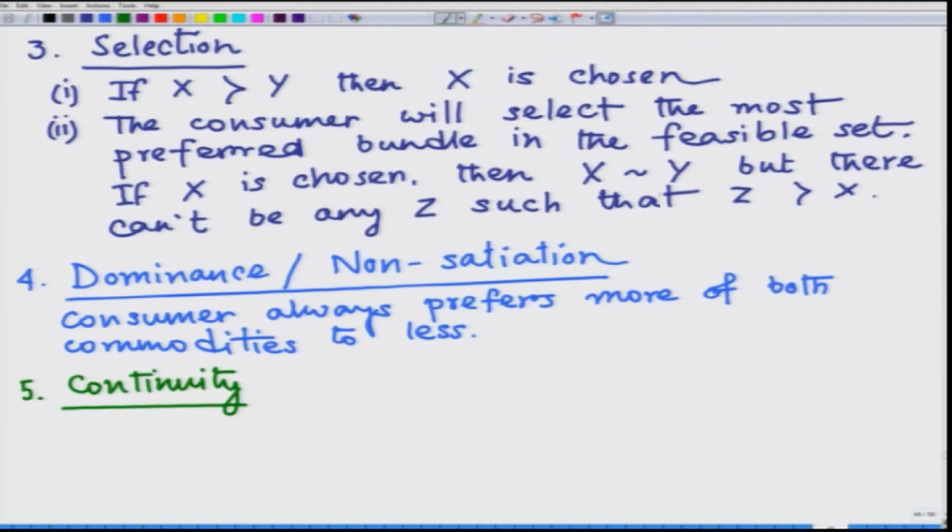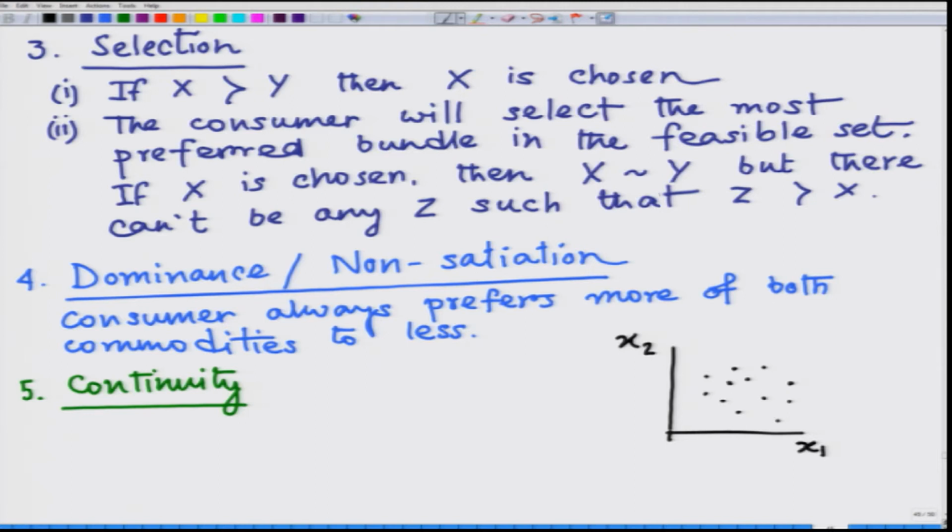Let us look at a simple graph to explain this. Suppose we have only two commodities to deal with, and this is the commodity plane. x1 is measured along the horizontal axis and x2 along the vertical axis. These are the points in the consumption plane or commodity plane.